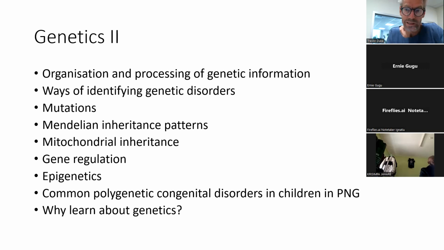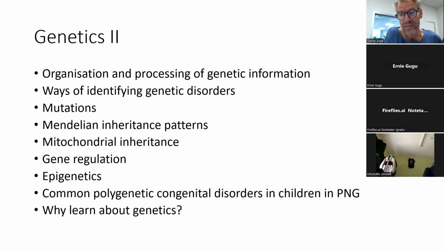And we'll talk a bit about the abnormal processes particularly, and that's a field called epigenetics. It's how our environment might change our genetic expression and lead to different conditions. And then lastly, almost lastly, we'll talk about just some common congenital disorders in children in Papua New Guinea.